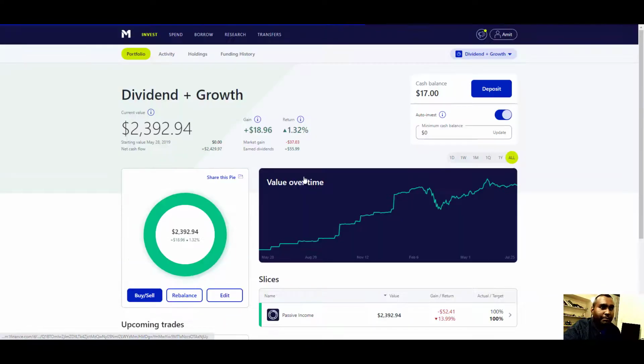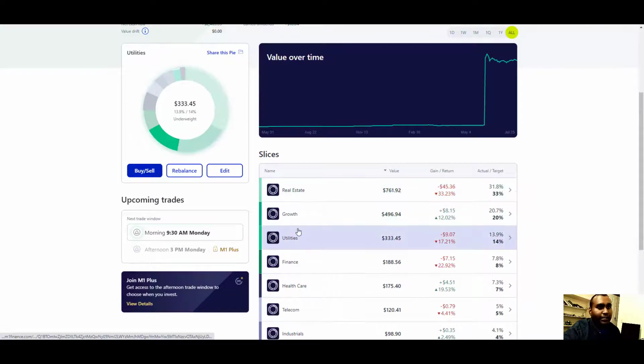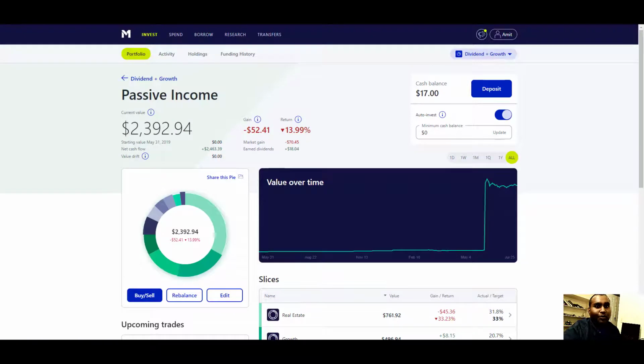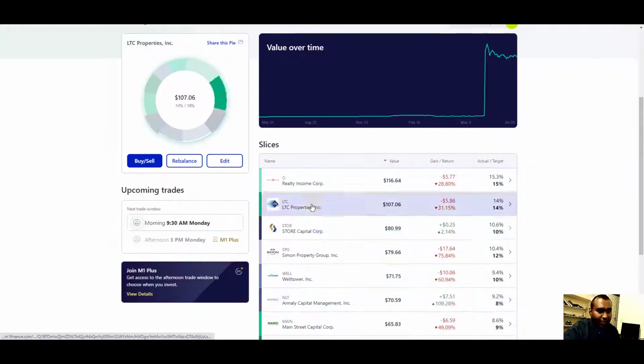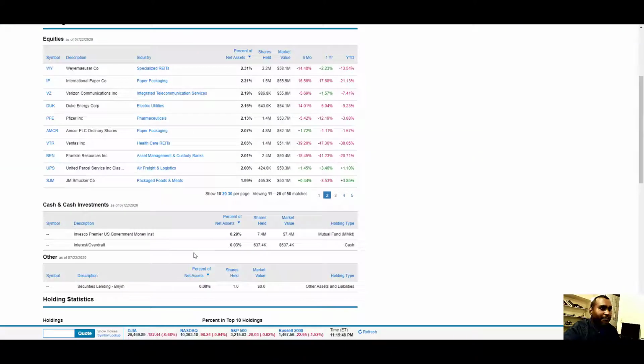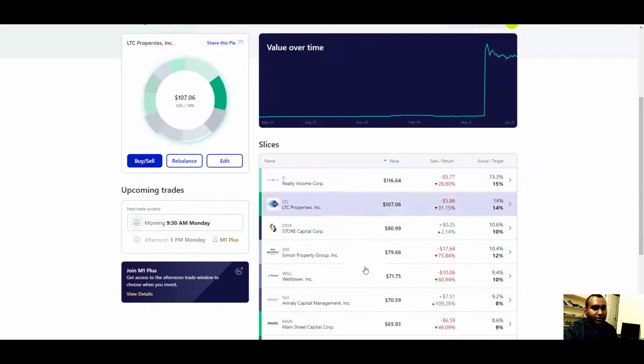This is just an example that I'm showing you. Here are all of these sectors. If I wanted, I could literally just create my own SPHD here, and then basically I would just go ahead and buy every single company in those. So I would just copy every single company in that, and I can even do it by weight. See how they have this asset percentage weight? You can even allocate that in here.